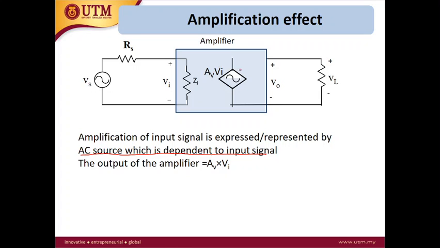The output voltage here is equal to Av Vi, where Vi is a variable that reflects the input voltage. So the amplifier output becomes Av times Vi. That's why we can represent the amplification process using a dependent AC source.